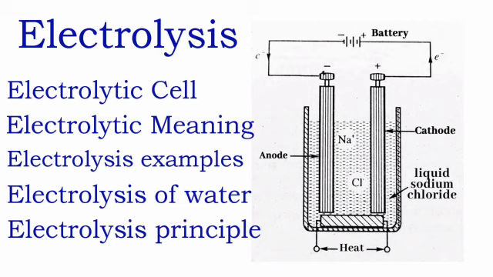All right. Now in electrolysis, there are two electrodes. Remember we said they must conduct electricity. Now, what are these two electrodes? We have the negative electrode, and it's called the cathode. The negative electrode is called the cathode, and it's attached to the negative terminal of the power pack.